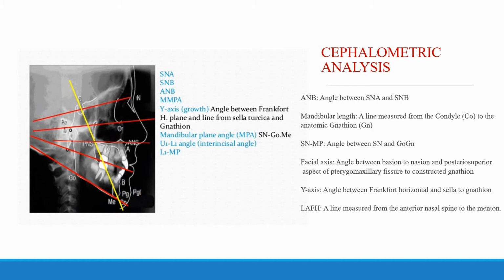And to identify all of these pathologies, we have to take the lateral cephalometric, which is taken for each patient in natural head position, while the patient closes their teeth in centric occlusion and lips are in relaxed position. This is very important when taking the cephalometric.